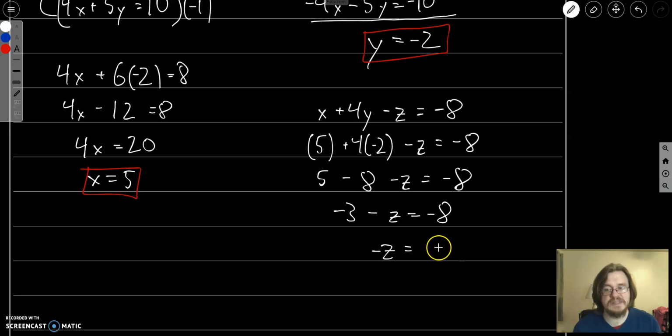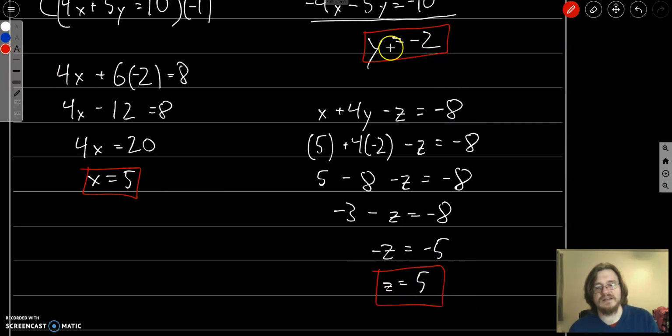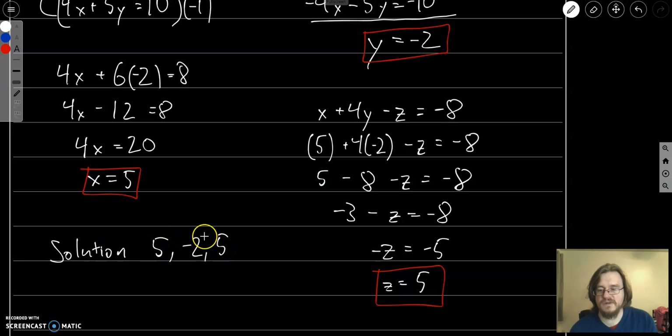Negative 8 plus 3 is going to be negative 5. And z is equal to 5. Okay, so we did a lot of work and we came up with x, y, and z. So our solution should be 5, negative 2, 5.